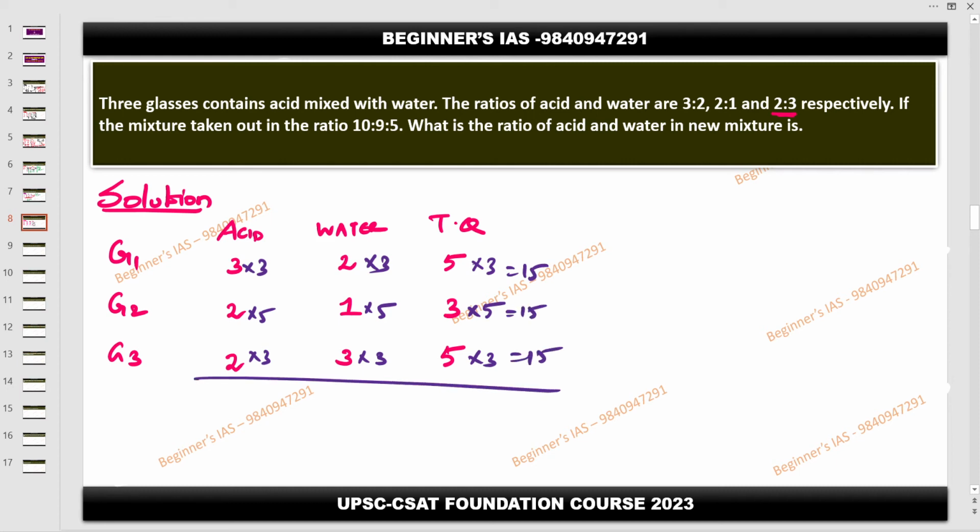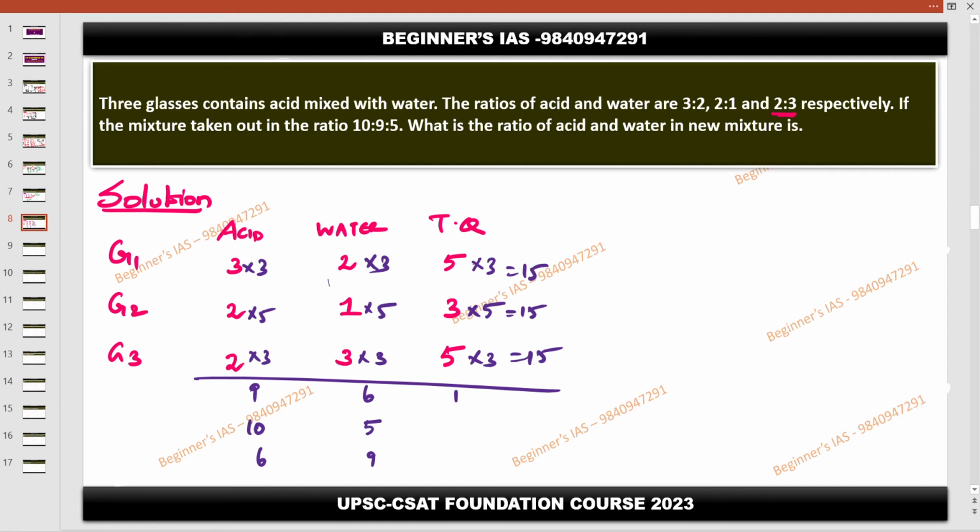After this, add everything. First multiply here 6, then 5, then 9, then 9, 10, then 6. Understood till now? Yes sir. So here 15, 15, 15. Now glass 1, how much proportion are you taking out?